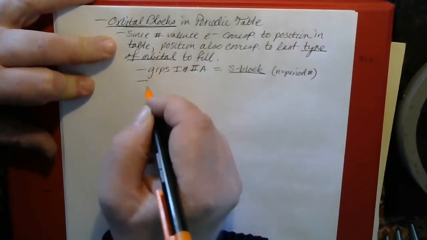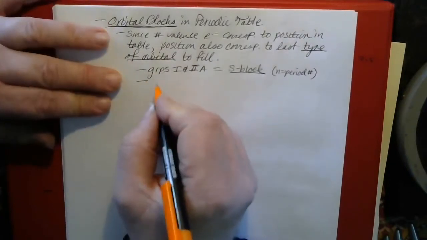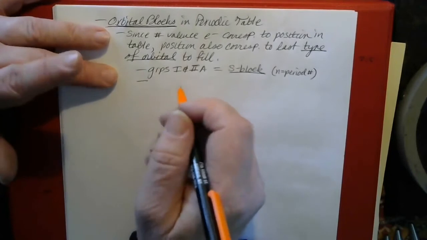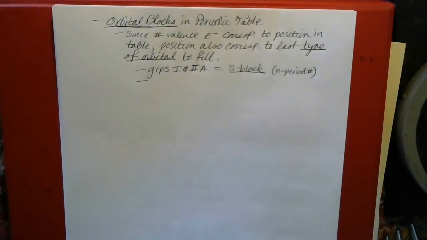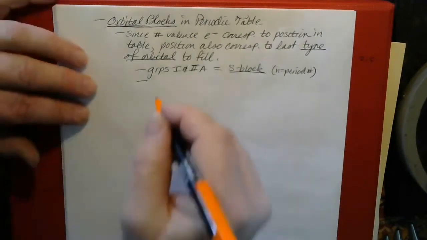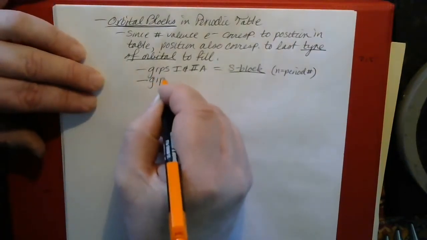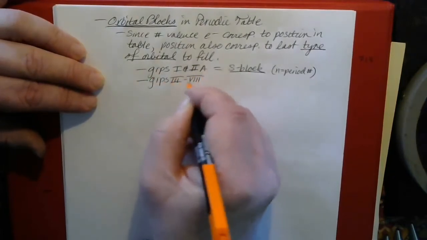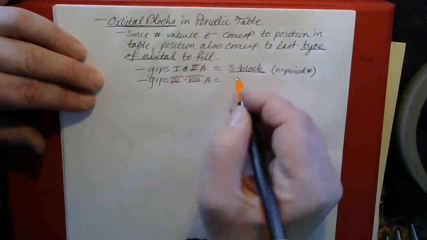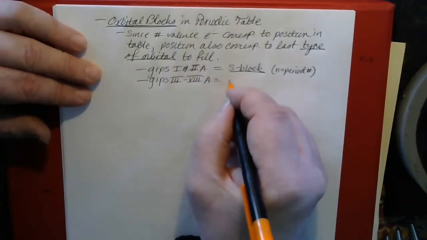Going left to right across the periodic table, you next come to the other A groups, because if you're starting at the top of the periodic table, of course, there are no transition elements up there. So going across the top, you would next come to groups 3 through 8A, and that's known as the P block.